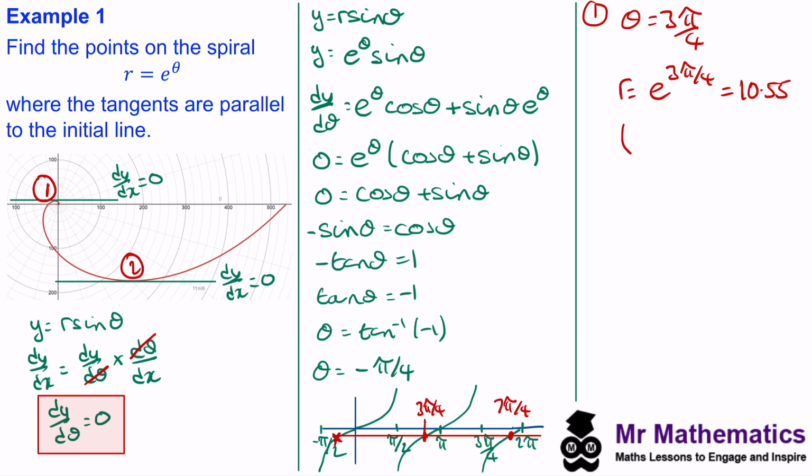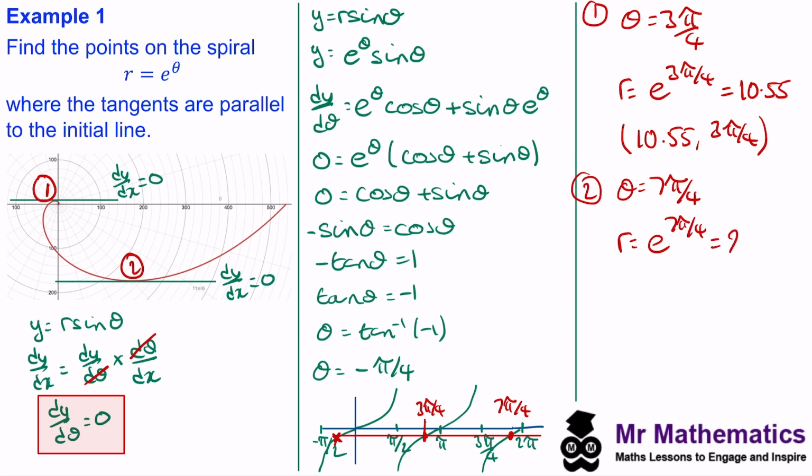So the coordinate will be the radius and then the angle theta. Okay? The second point, well, theta is now equal to 7 pi over 4. So the radius will be e to the power of 7 pi over 4, which is 244.15. So the coordinate is 244.15 and then 7 pi over 4. Okay? And you can see that this looks about right from our graph.